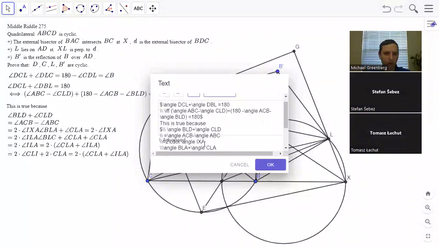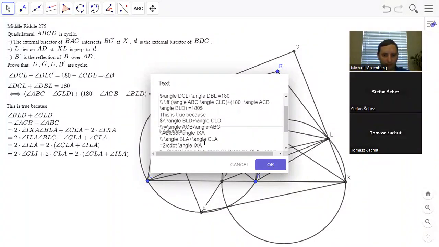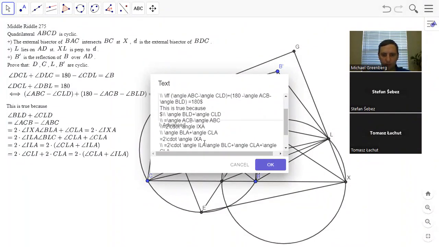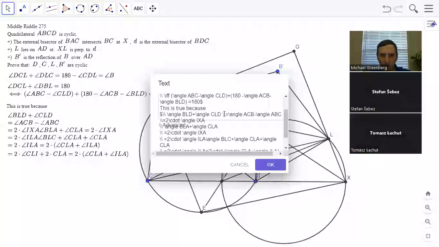Make everything before this is true just one line. That basically says BLD plus CLD is equal to this difference of angles, which is 2 times IXA.